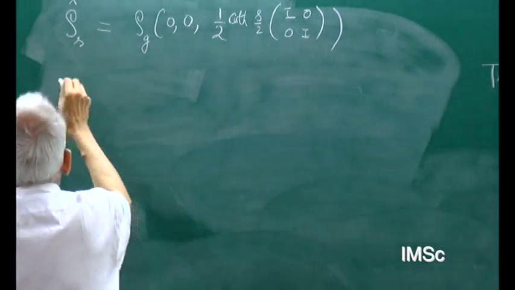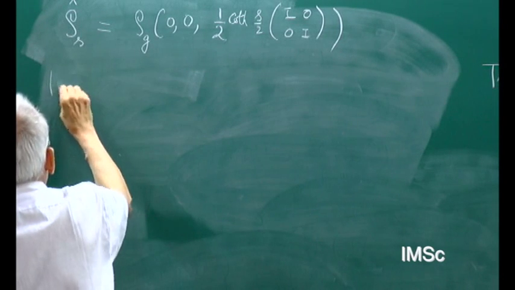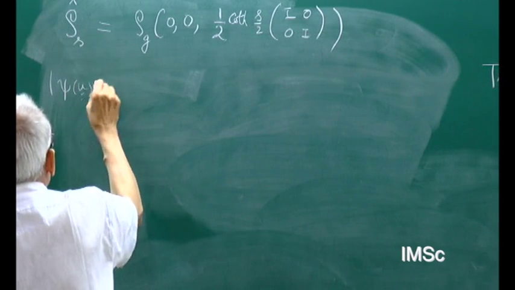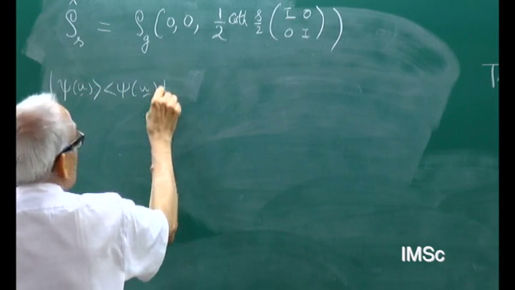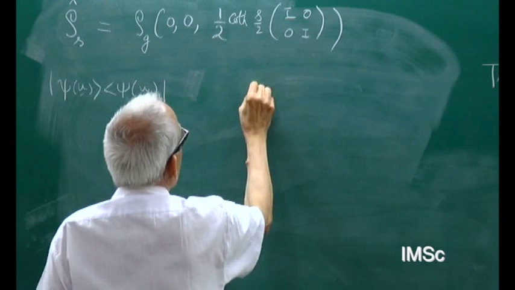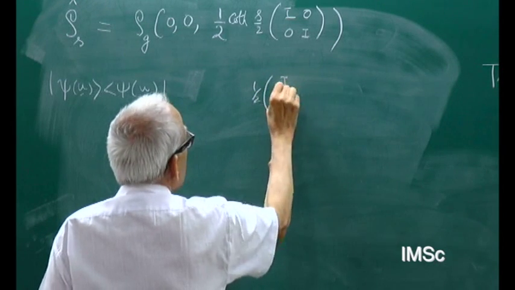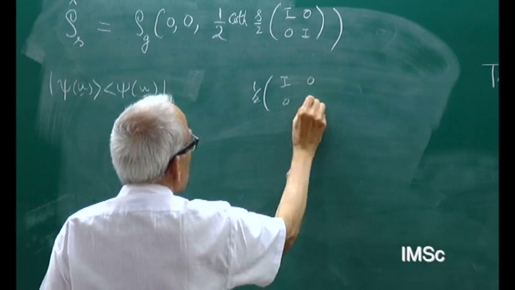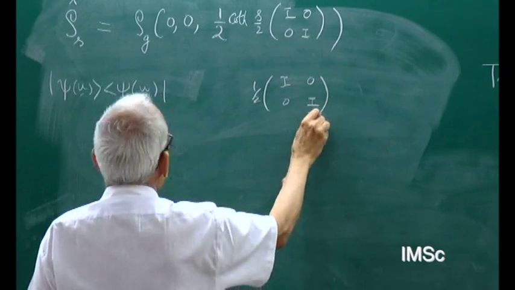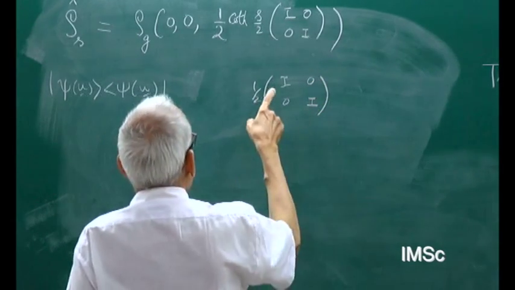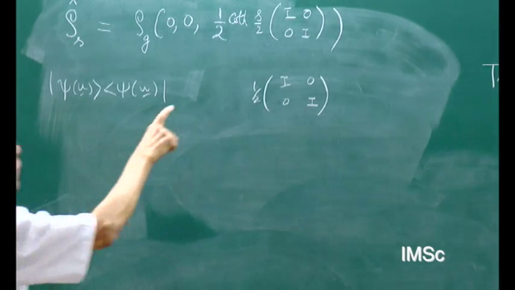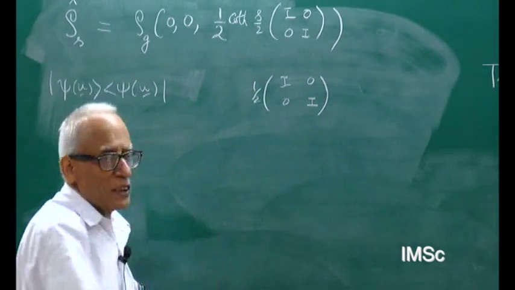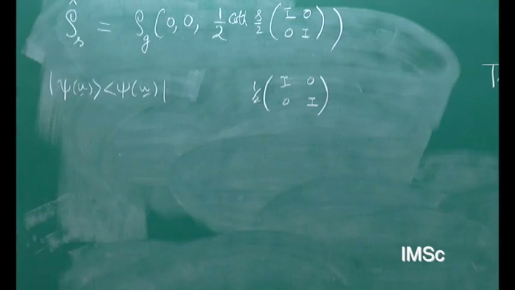And you recall the old c u, which are also Gaussian, they all had covariance matrix half identity, 0, 0, identity. Here the variance of position into variance of momentum is 1 over 4, but here it is 1 over 4 coth squared of s by 2, and coth s by 2 is greater than 1.